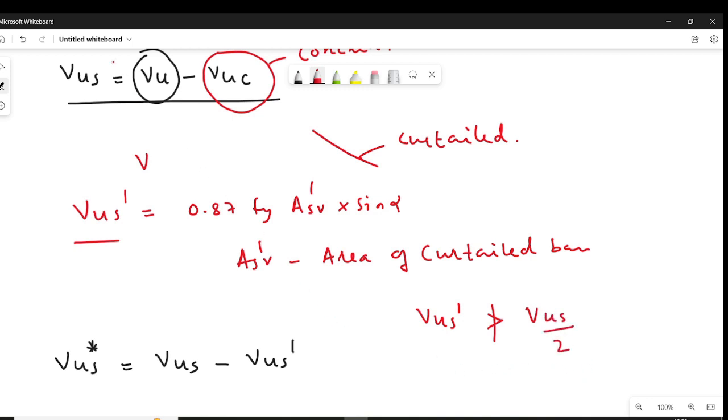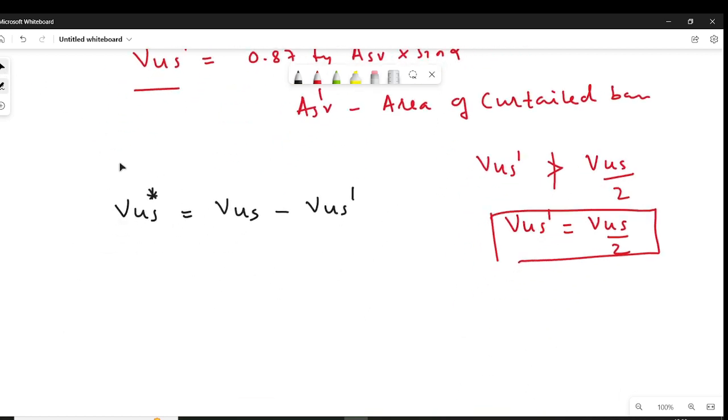Okay, you will get VUS from this formula. After that you have to find VUS dash. You have to compare, it should not be greater than VUS by 2. If it is greater than VUS by 2, then you have to take VUS dash equal to VUS by 2. This thing you have to take.